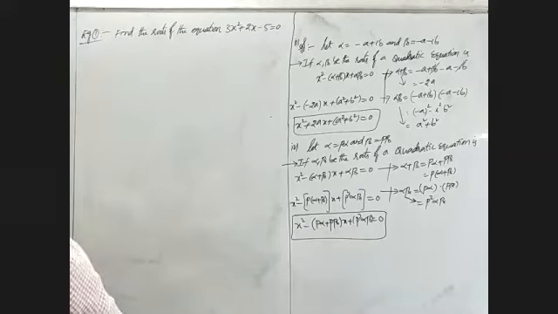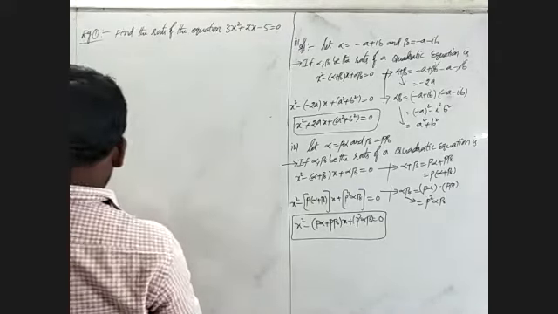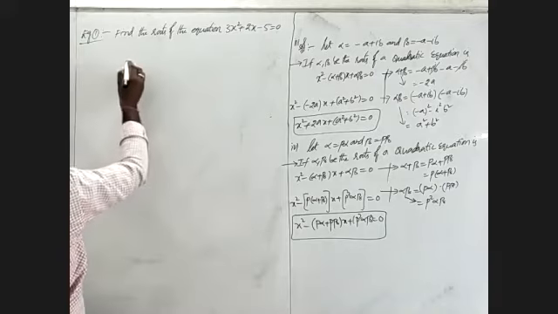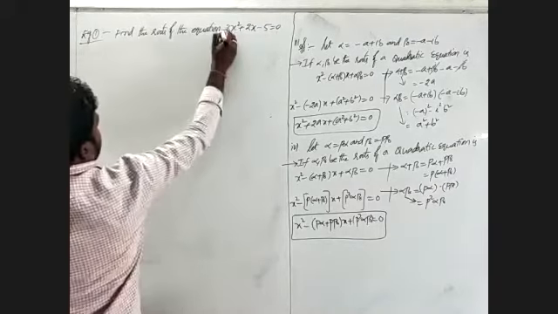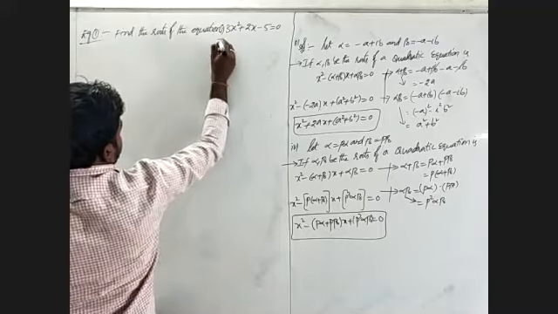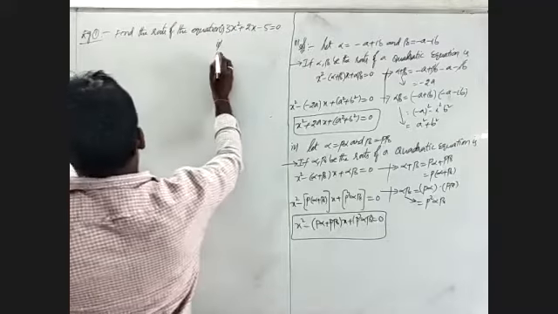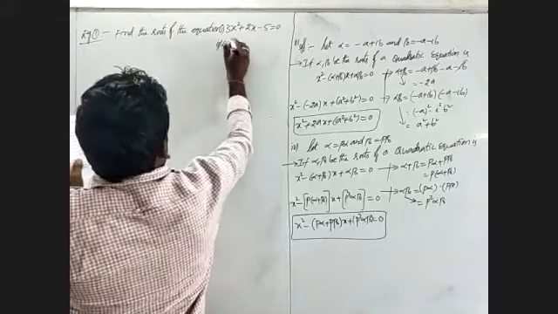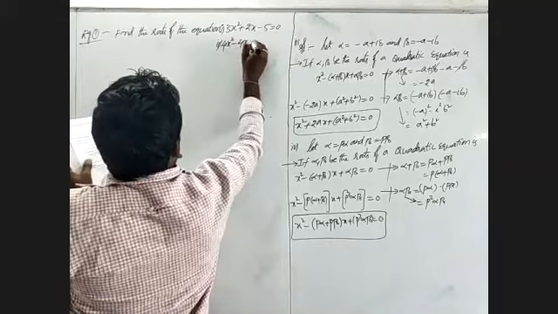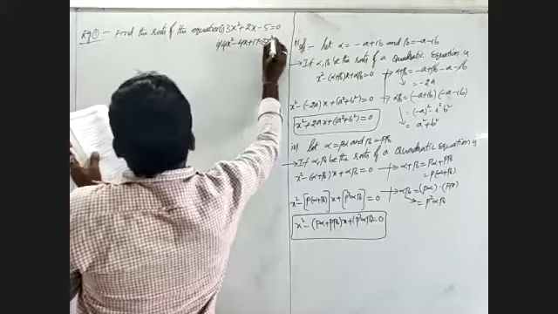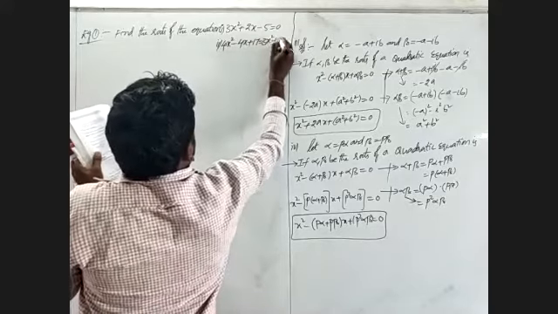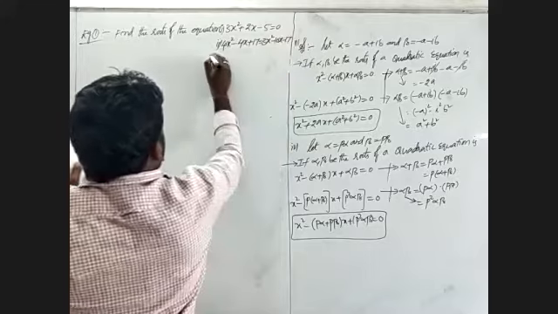The second one, example 2: find all the roots of the equation 4x square minus 4x plus 17 is equal to 3x square minus 10x minus 17.